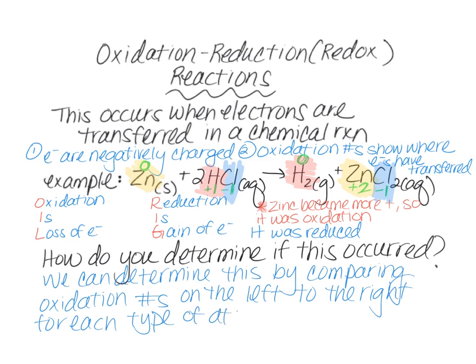If there is any change in the oxidation numbers for a type of atom from the left to the right, you can determine a redox reaction occurred.